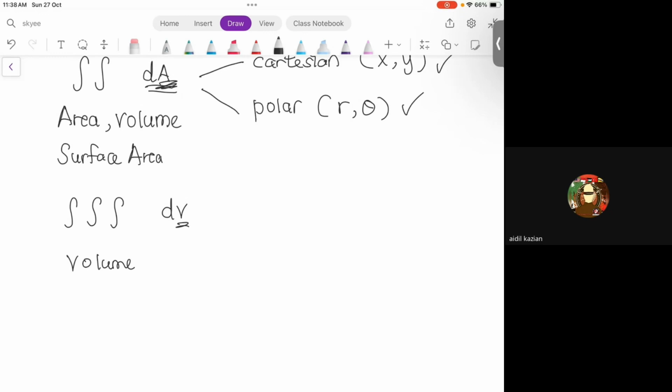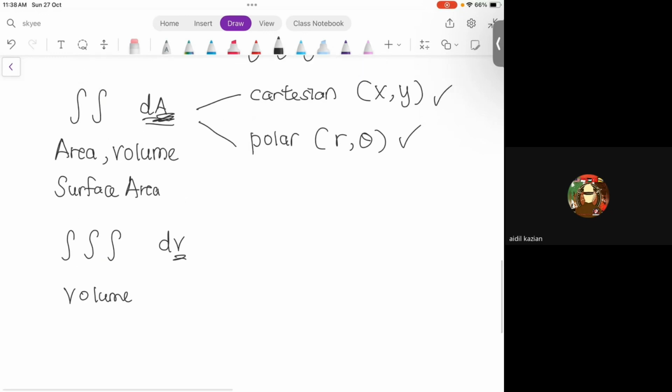So same like the dA just now, for this dV, you can use the Cartesian coordinate system, you can also use the cylindrical, and you can also use the spherical coordinate systems. We will look at it later on.